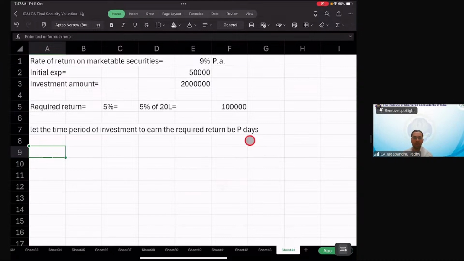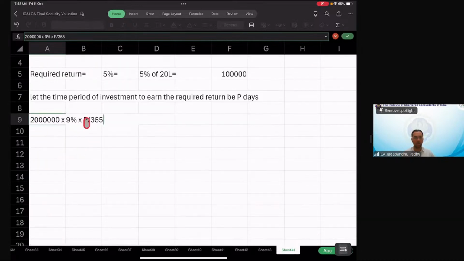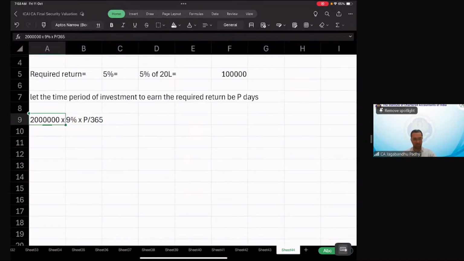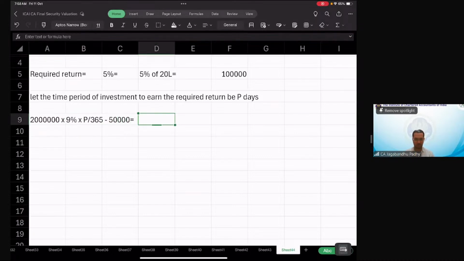It's going to be 9%, and initially I need to spend out that 50,000. So for how many days will I be able to hold this? This is simply 20 lakh into 9%, earned for P days, so it is P by 365. This is what you'll be earning on the investment of 20 lakh. But from this, I need to subtract the initial expenses of 50,000 and that should give me a value of 1 lakh.